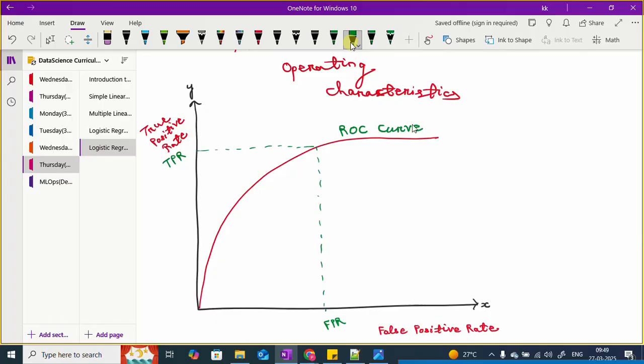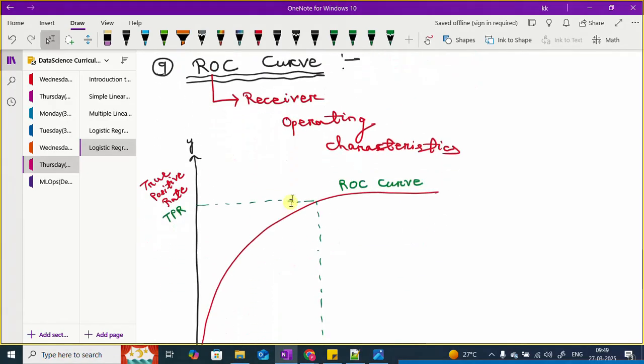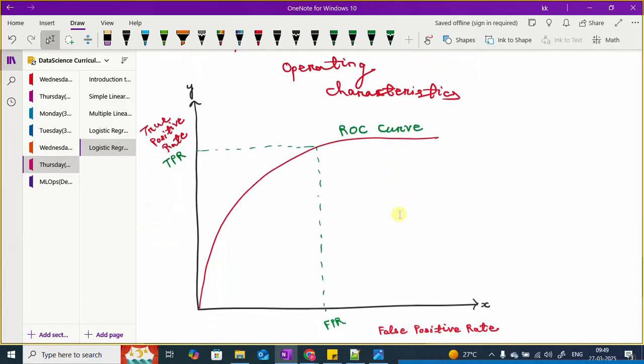Why do we use this curve? In what sense does it help us? We'll see that one by one. Nothing to be worried about, just try to understand what the ROC curve is. Basically, the ROC curve is a kind of curve; the full form of ROC is receiver operating characteristics. If I draw the diagram in the 2D axis between the false positive rate and the true positive rate, the false positive rate has to be on the x axis and the true positive rate on the y axis.